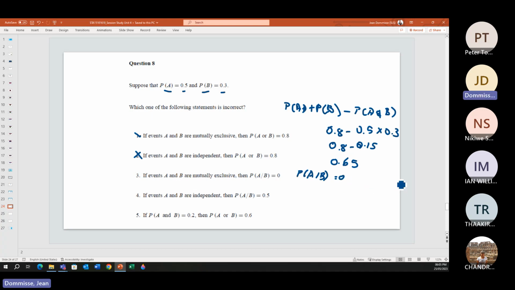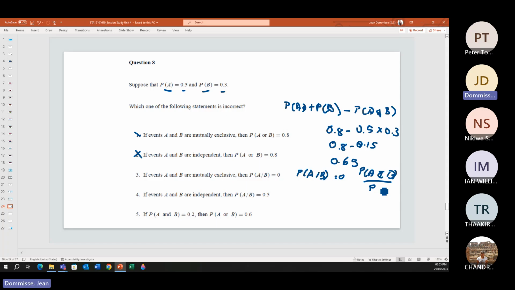Okay, so remember the formula is the probability of A and B divided by the probability of the last one, the probability of B. So that would then be a probability of 0, because if it's mutually exclusive, the probability of A and B is 0. 0 divided by 0.3 will give you 0. Okay, so that is correct.